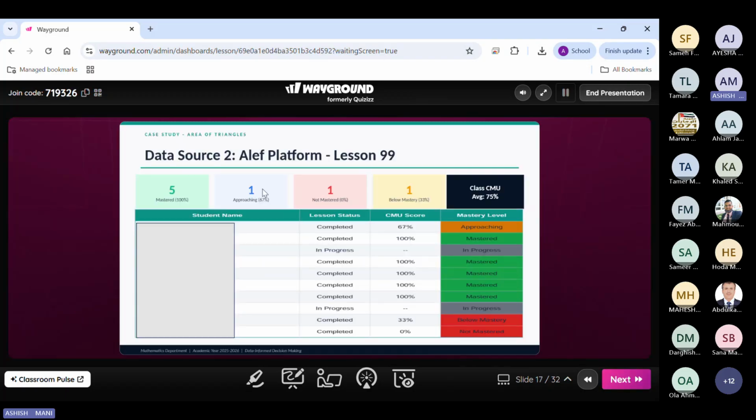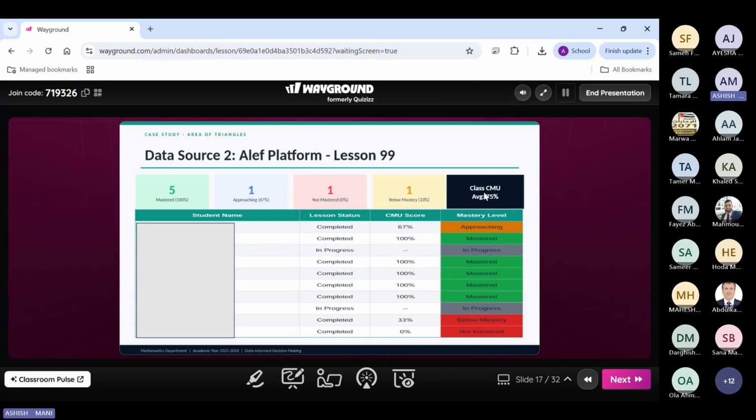Second, I used Aleph data. This is the lesson I taught my students in the class. And in this, if you see, Aleph shows a 75% average. Average means it is talking about the whole class. That sounds very good. 75% is a very good number. But when we look closely, there are two students in this class who are below mastery, and one didn't master at all.